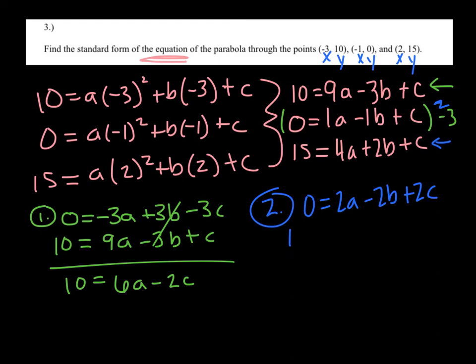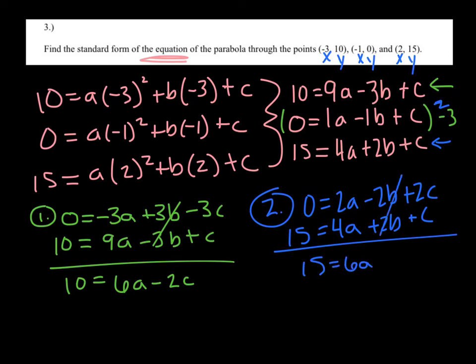Combine it with that last equation, 15 equals 4a plus 2b plus c. 15 plus 0 is 15, 4 plus 2 is 6a, b's eliminate, 2 plus 1 is 3c.